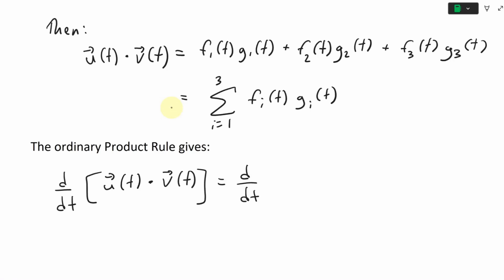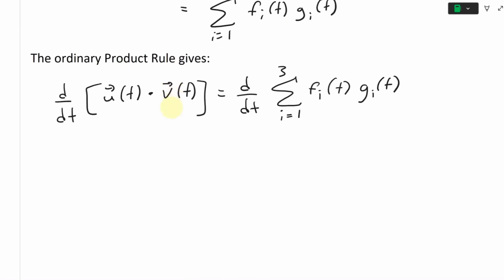So d over dt equals the derivative of the summation from i equals 1 up to 3 of f_i of t times g_i of t. We can put the derivative inside the summation, because you're just doing it separately, using basic summation rules.